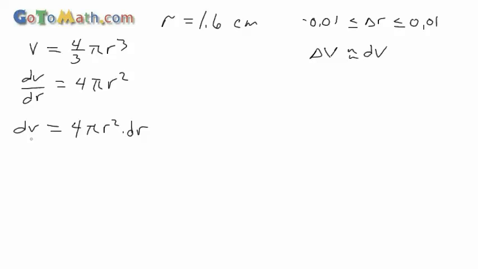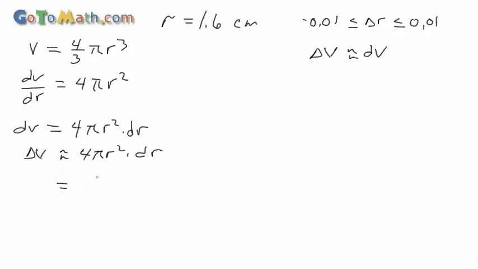Since these are approximately equal to each other, we'd have delta V, which is approximately dV, and I'll put an approximation sign right here, 4 pi r squared dr.